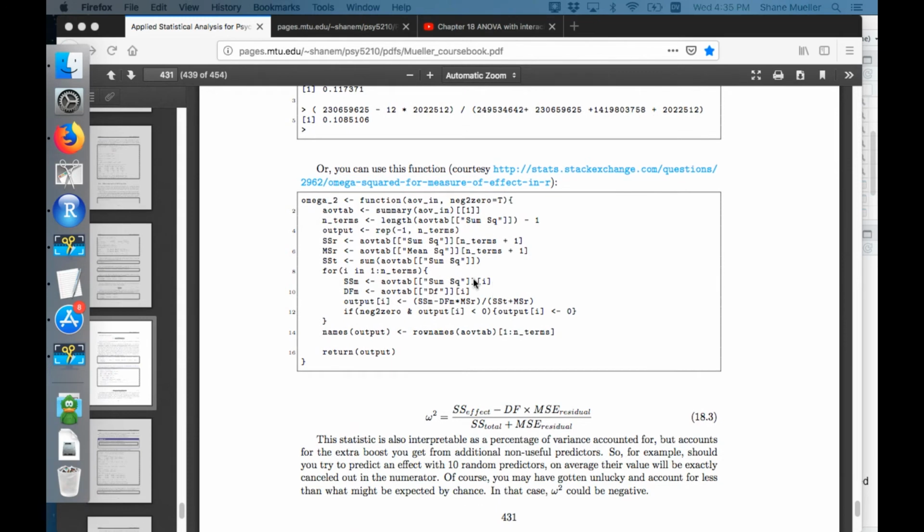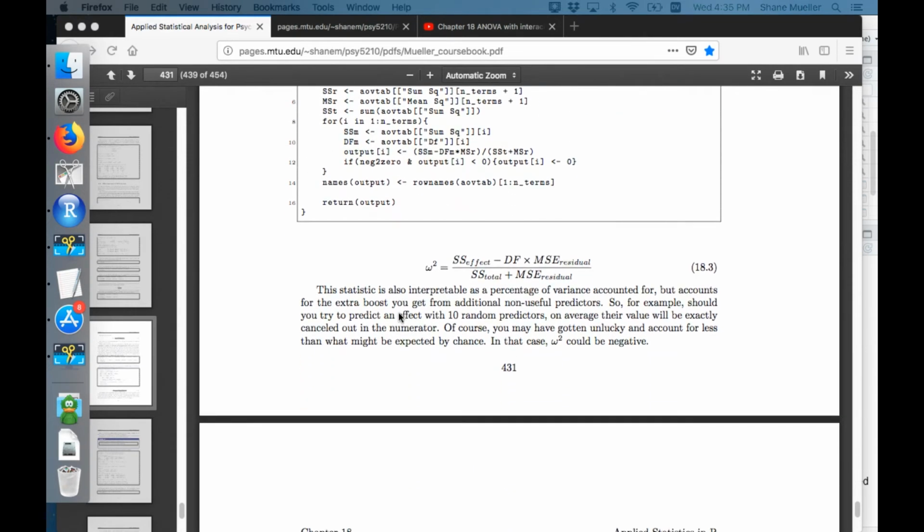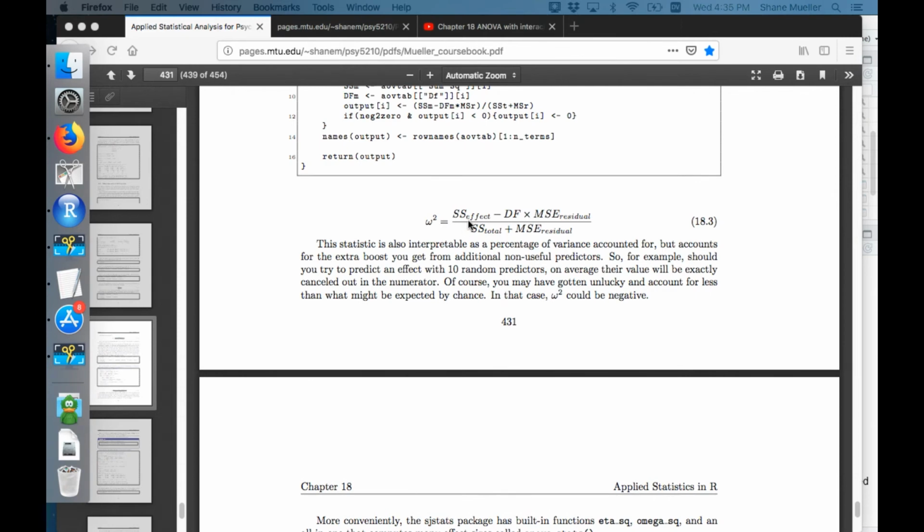I found someone who published a version of this on Stack Exchange. The link is here. So you could use this code to quickly calculate it. Here's the actual formula here.